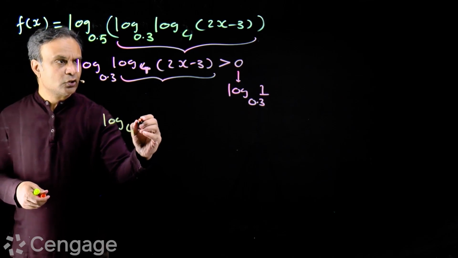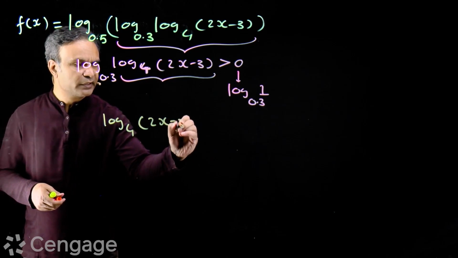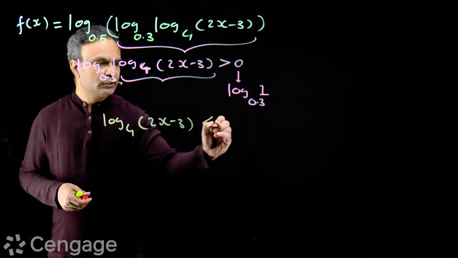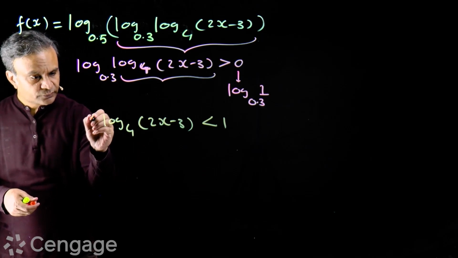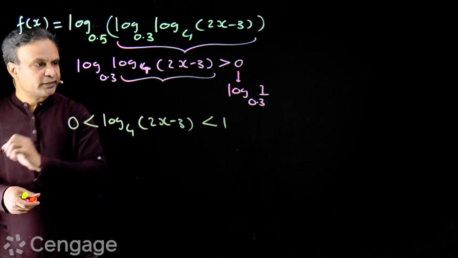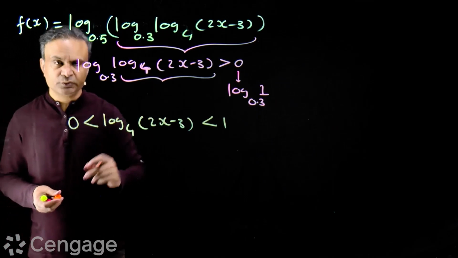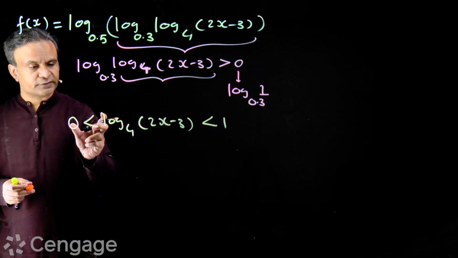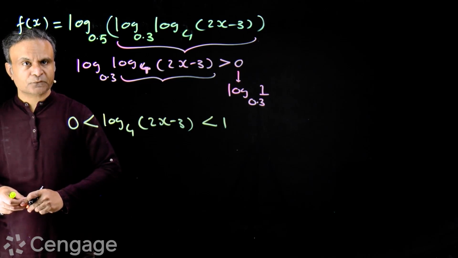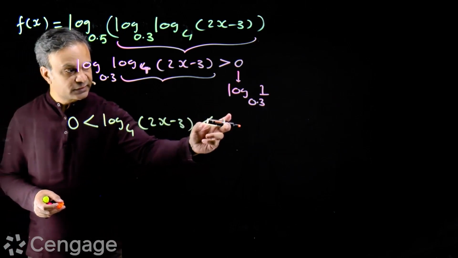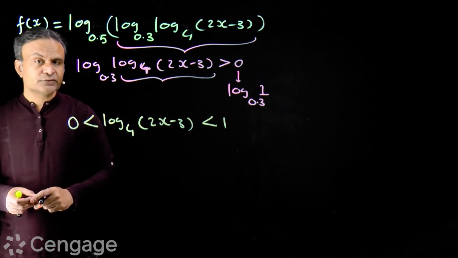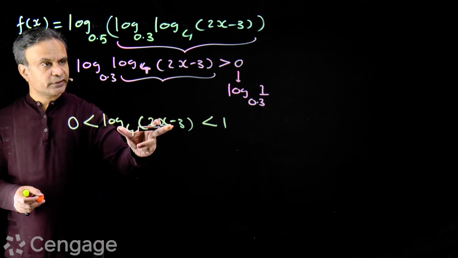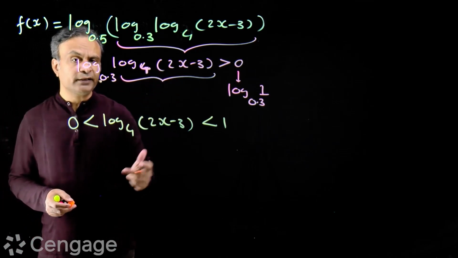We get log of 2x minus 3 to the base 4 less than 1, but this has to be greater than 0. ये पॉजिटिव भी तो होना चाहिए ना, हमें इस बात का ध्यान रखना है. जनरली स्टूडेंट्स ये भूल जाते हैं. ठीक है, this is less than 1 but more than 0, इसको पॉजिटिव होना पड़ेगा ना, अन्यथा ये log defined नहीं होगा.